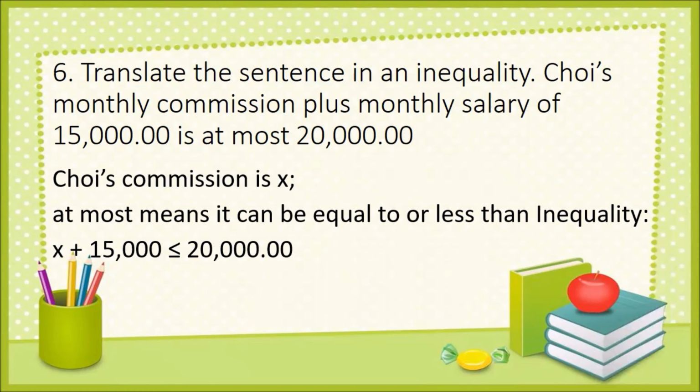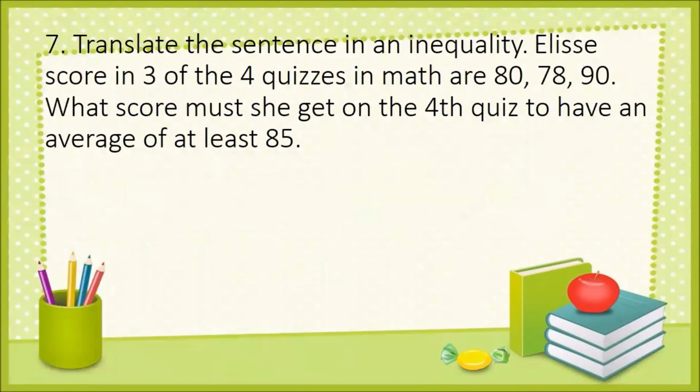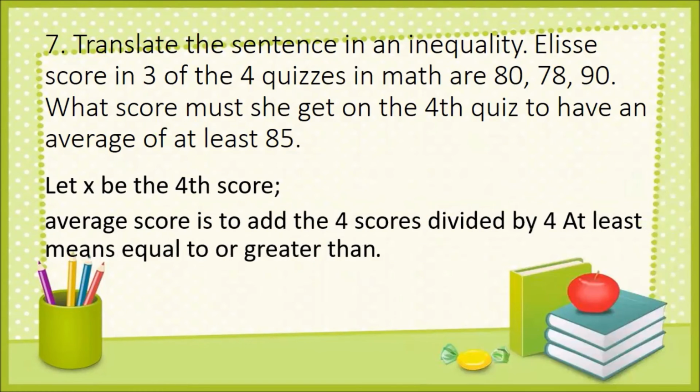Last number, translate the sentence in an inequality. Elise's scores in 3 of the 4 quizzes in math are 80, 78, and 90. What score must she get on the fourth quiz to have an average of at least 85? So let x be the fourth score, and average score is to add the 4 scores divided by 4.